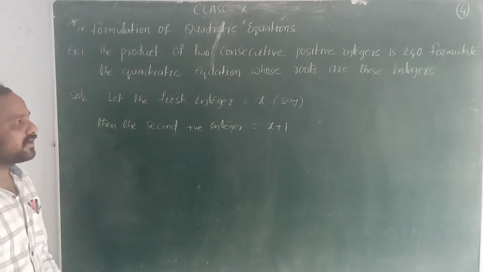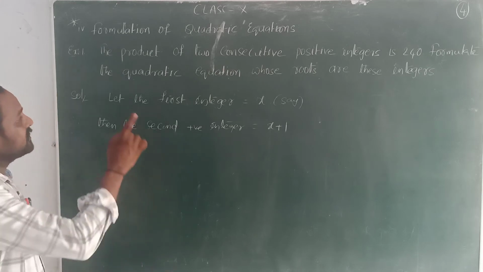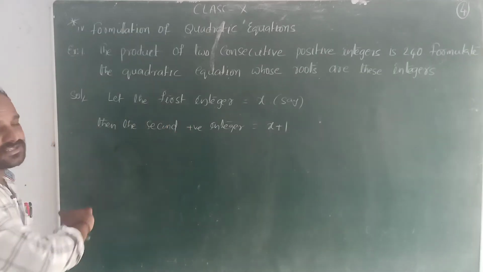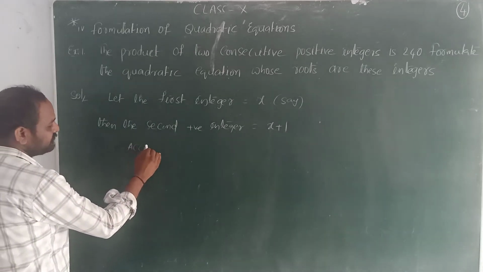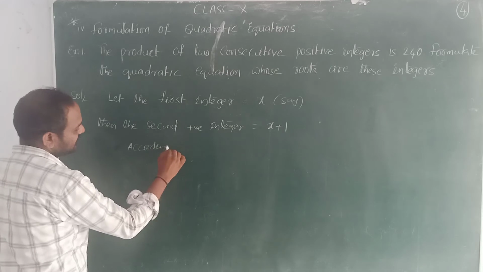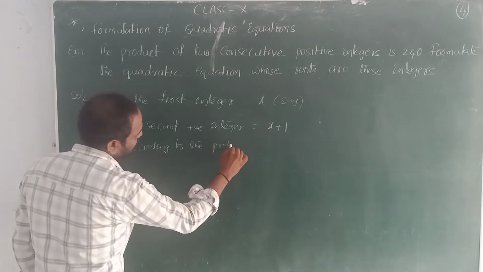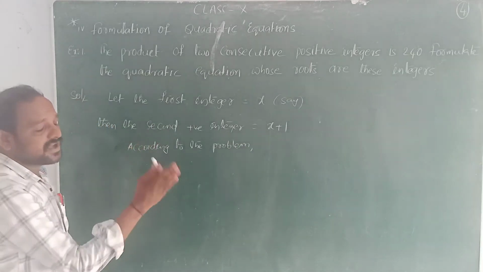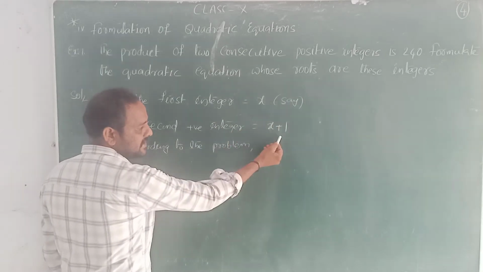Now, as per the problem, the product of two consecutive positive integers is 240. What are those two consecutive integers? x and x plus 1.